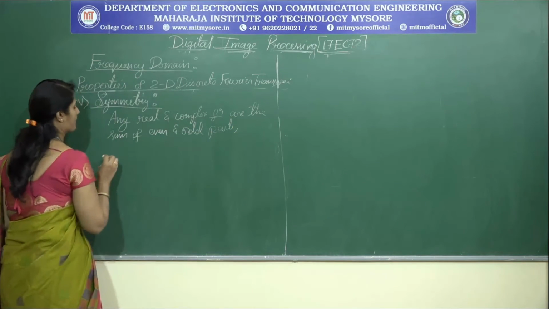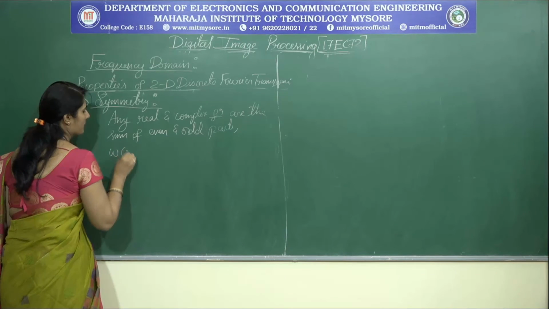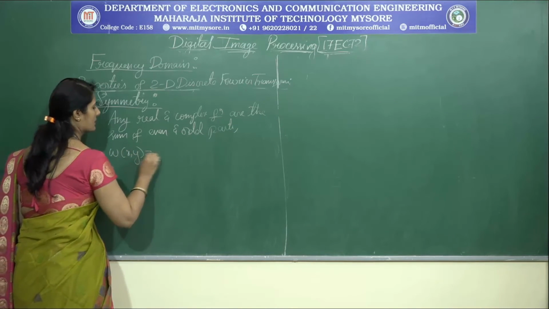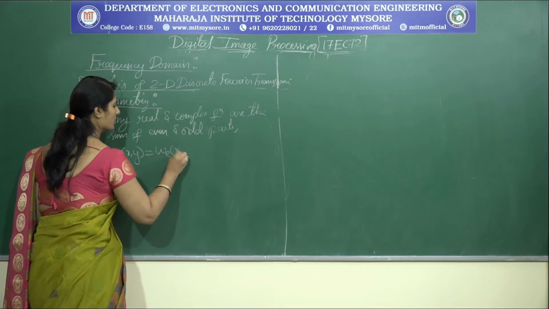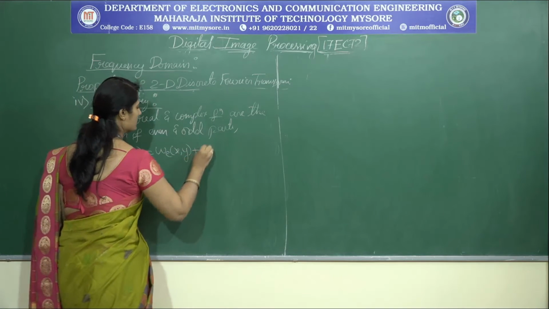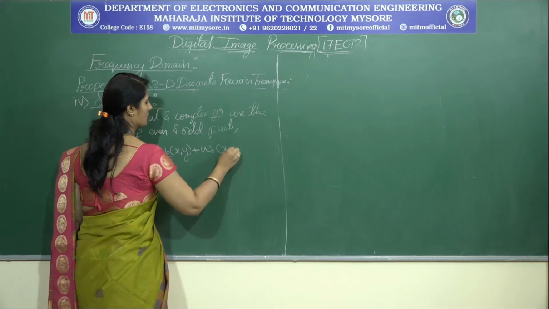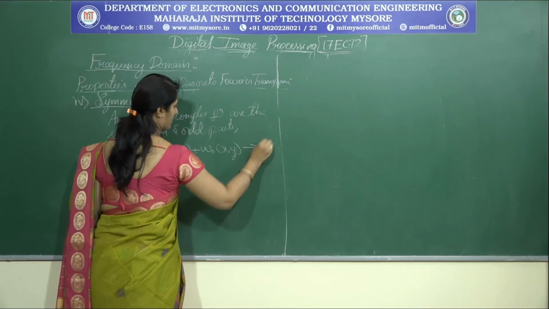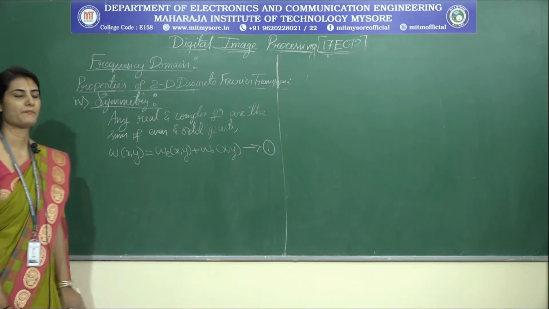That is, w of x comma y is equal to w even of x comma y plus w odd of x comma y. This I call equation number 1.